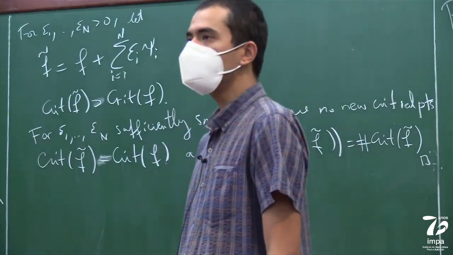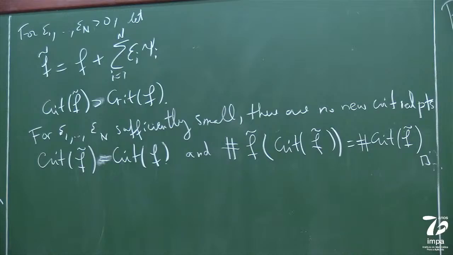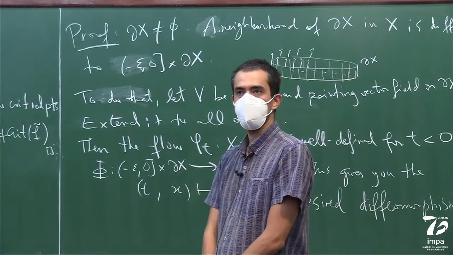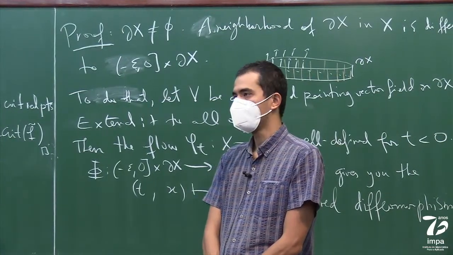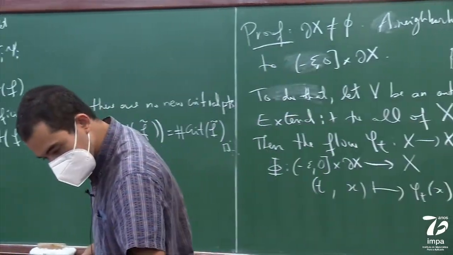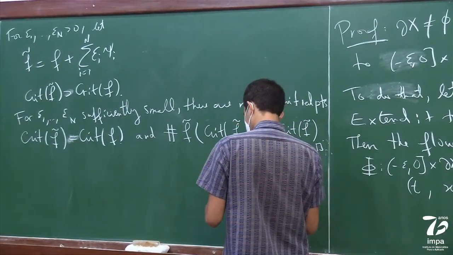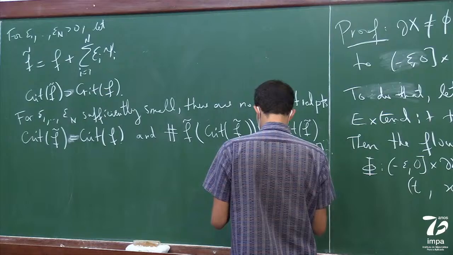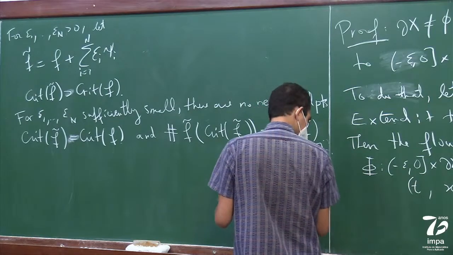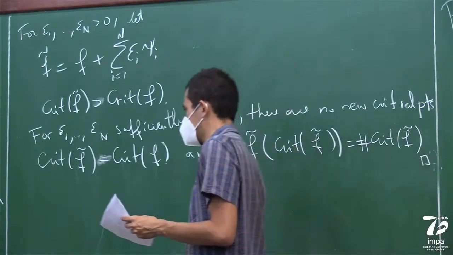Okay, so now we're going to start looking at the topology of the manifold and how that's determined in some way by Morse functions on the manifold. So the first thing I want to do is define what a gradient-like vector field is.